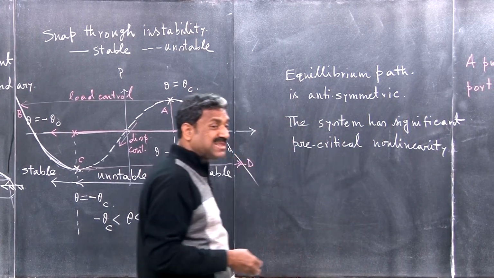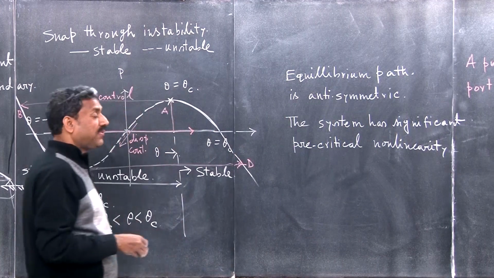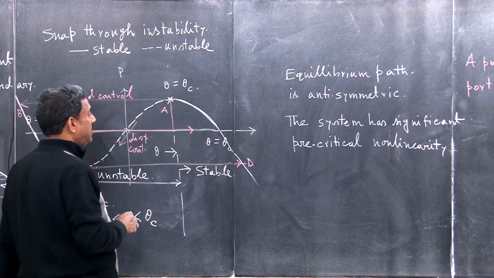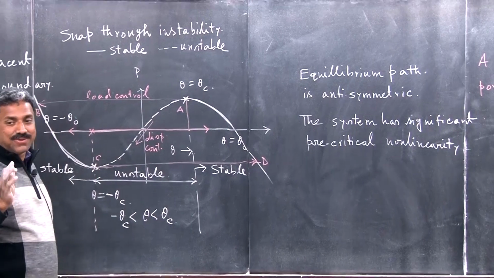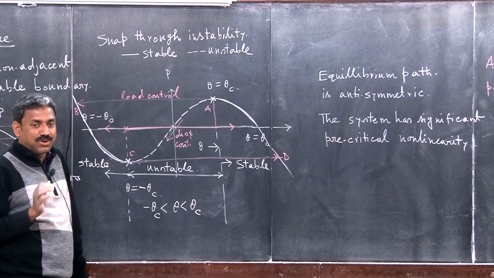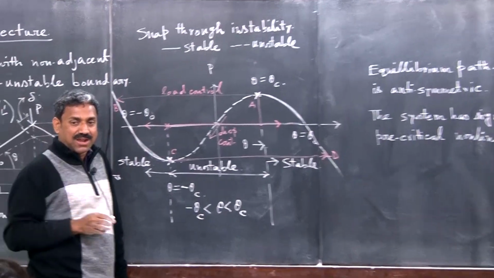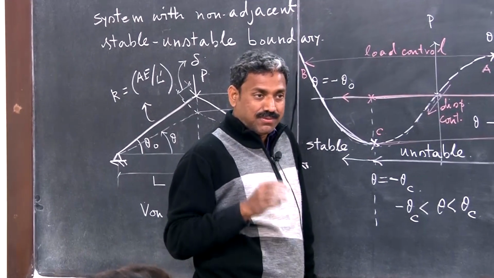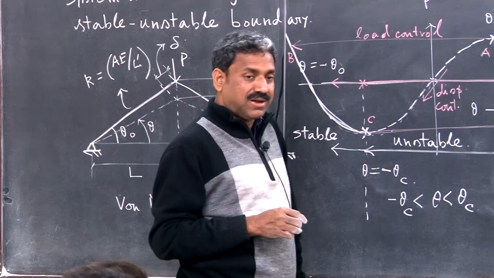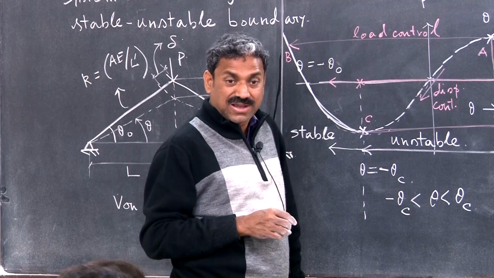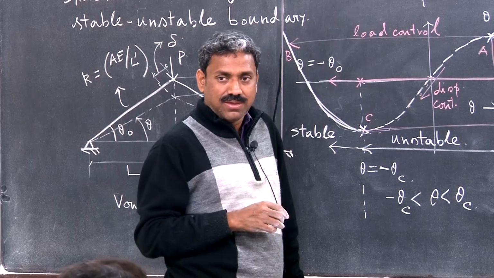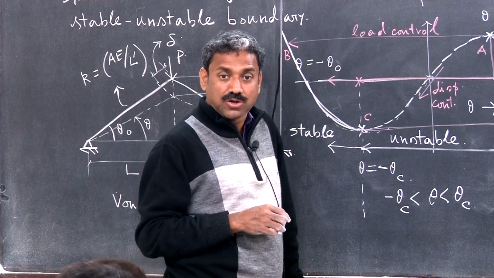And I will show you what is the consequence of pre-critical nonlinearity, because see, why it is important. Please note that in all other cases, we have seen that when we expand in terms of the potential energy functional, we linearize by dropping the higher order polynomial terms. Finding the critical load was leading to what kind of problem? Eigenvalue problem. Initially, it was a trigonometric eigenvalue problem, because del pi del theta is equal to 0.